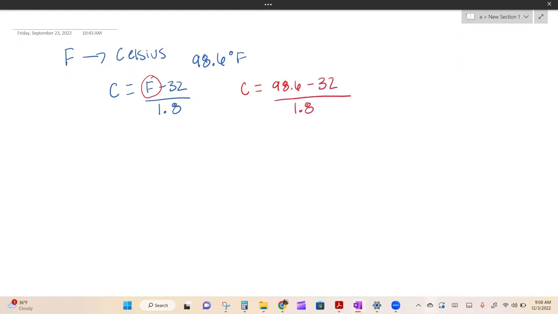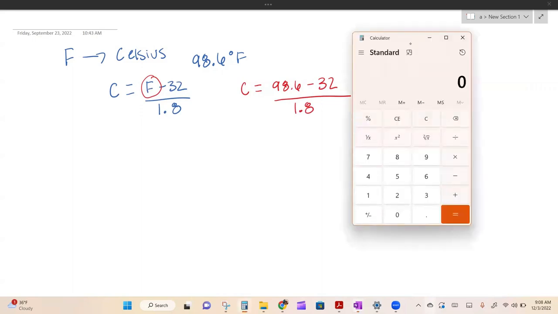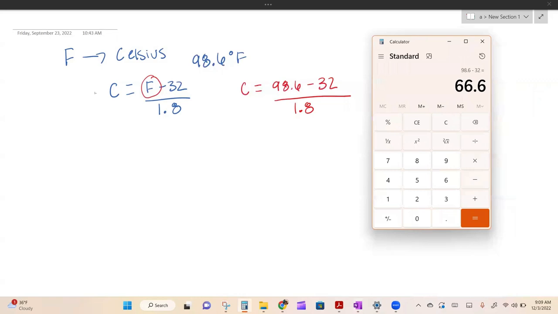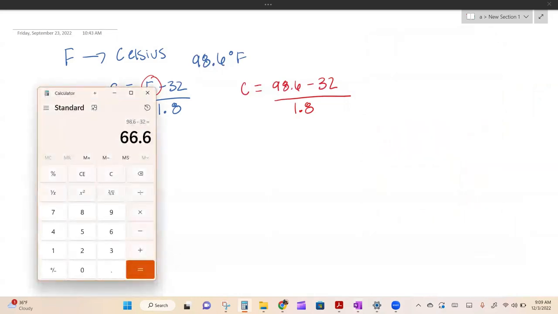So then I'm just going to rewrite it. And so in your calculator, you need to first take care of the top. In the book, you can see that there is parentheses. We always take care of parentheses first. So what I'm going to do first is do 98.6 minus 32. And I get 66.6.